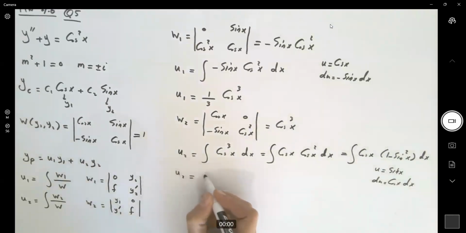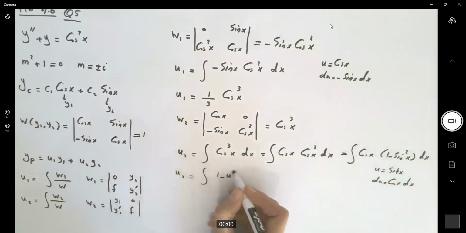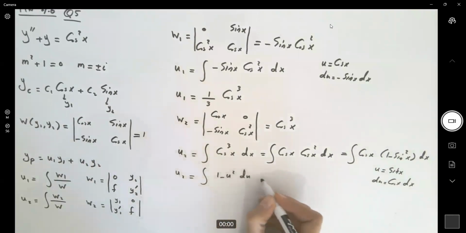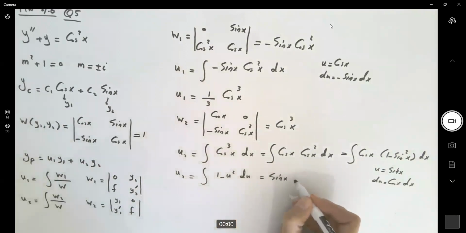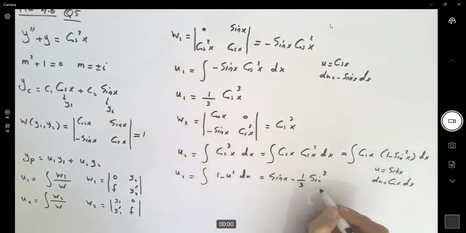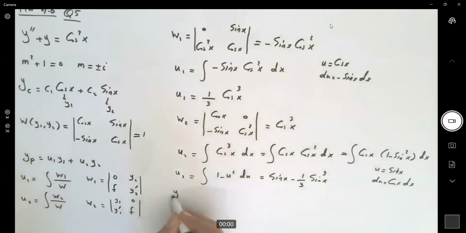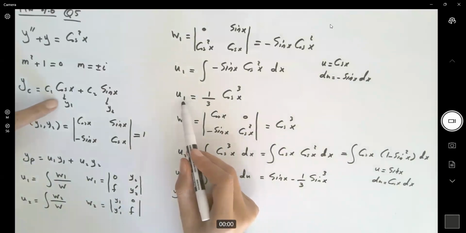So u2 becomes the integral of 1 minus u squared du, which is u, or just sine x, minus a third, and here you have u to the third, which is sine cubed of x.